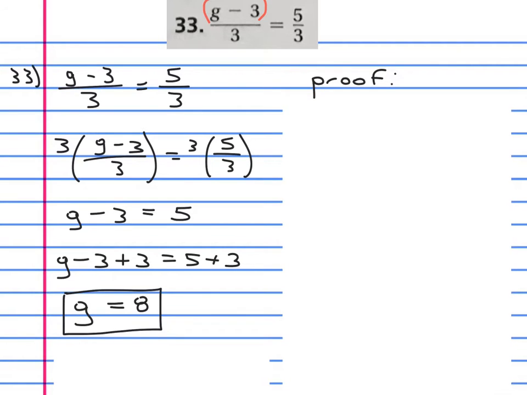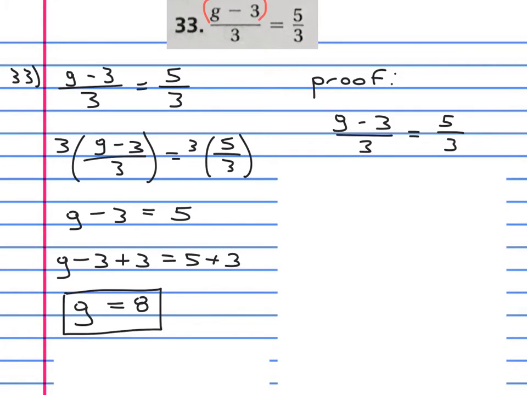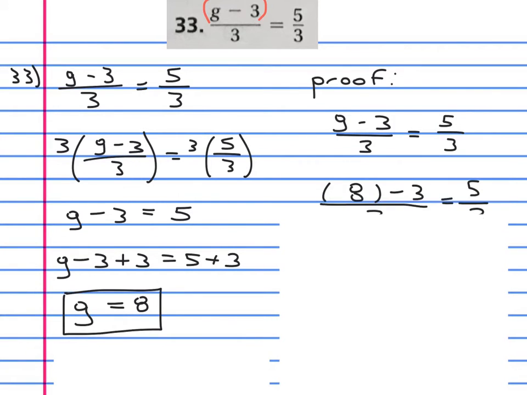So what do we do with the proof? We start with the original equation unchanged, g minus 3 over 3 equals 5 over 3. Then we put parentheses where the variable was, everything else the same. And then we just simplify using order of operations. The first thing we need to do is what's up here, because if you look up top, it says that's kind of invisible parentheses, means that gets done first.